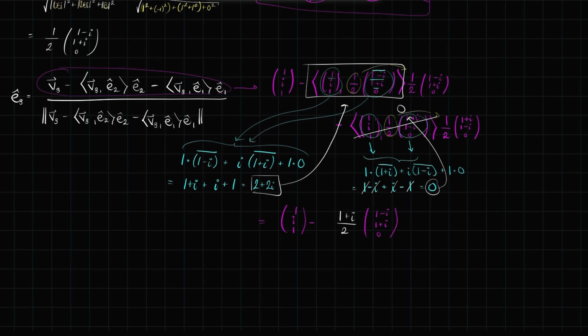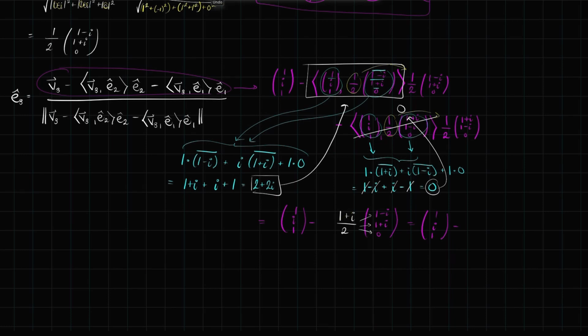At this stage, it is going to be to my advantage to distribute the 1 plus i over 2 to all three terms in there, and we'll end up with 1, i, 1 minus 1 plus i times 1 minus i. Because these are conjugates of one another, they will produce the magnitude squared for me, which is always going to be equal to the coefficients squared added together.